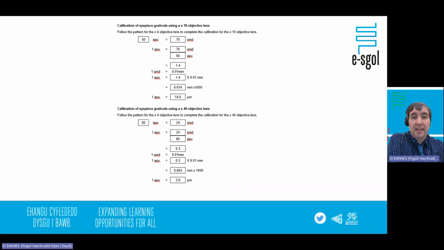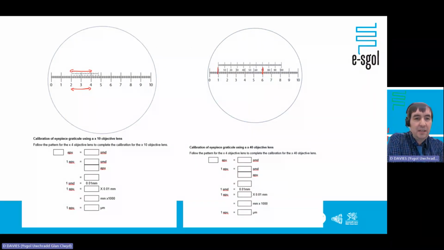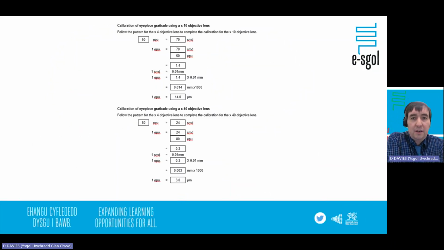Okay, so the times 10 objective lens, they've gone for 50 and 70 eyepiece units. So if they've gone for 70 eyepiece units on the eyepiece graticule and 50 units on the stage micrometer, 70 divided by 50 is 1.4, multiply by how much one stage micrometer division is.